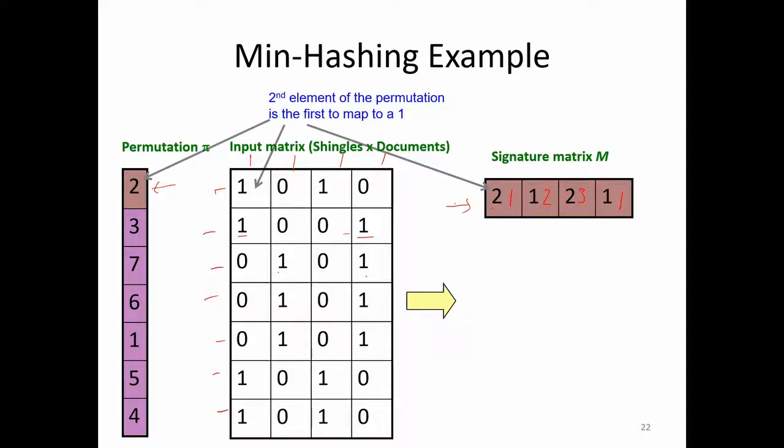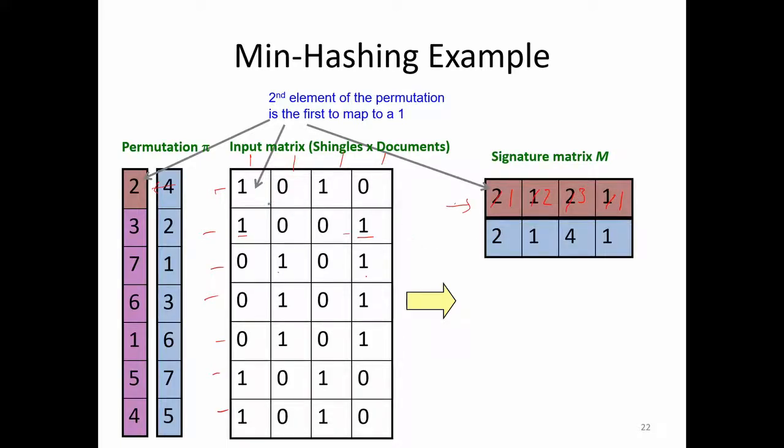So this is the min hash signature. Now let us see 4. 4 is 1 and 1 here, so this is 1 and 1. Next is 2.